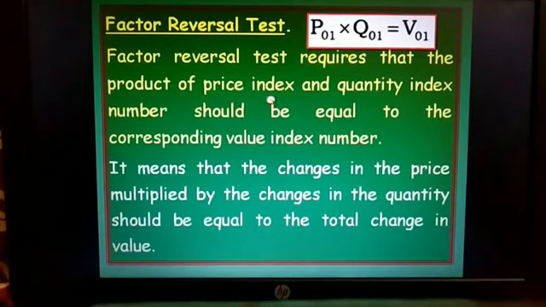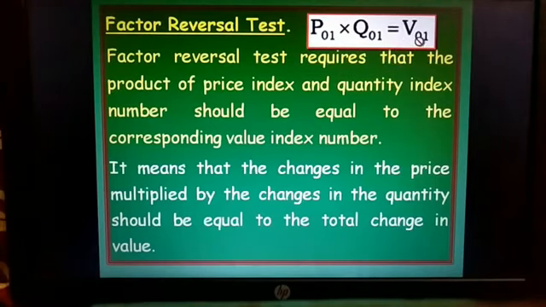So what does it state? The product of price and quantity index numbers. Is it not a product of price and quantity index numbers? Because multiplication is considered here, which should be equal to the corresponding value index number. These two, price and quantity index numbers, their product should result in the value index number.